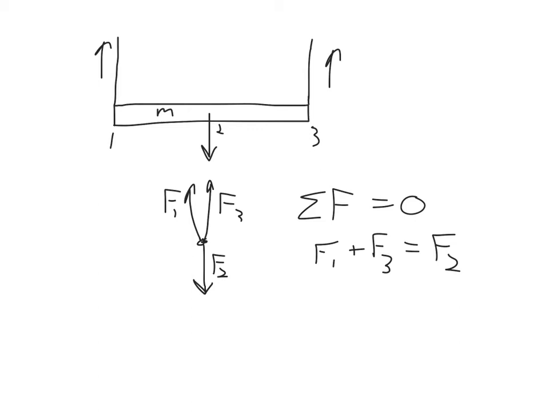You can imagine otherwise there would be a torque in one direction or the other about the middle. So force 1 has to equal force 3, and they each have to be half of gravity, so mg over 2.